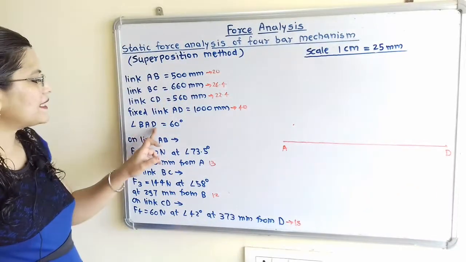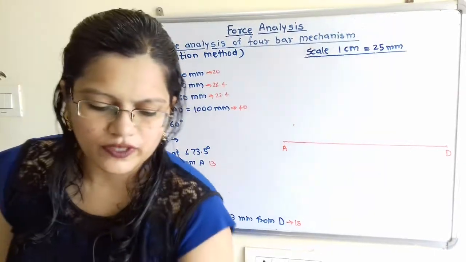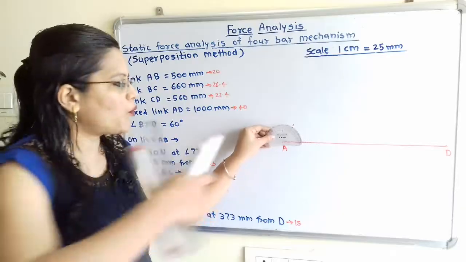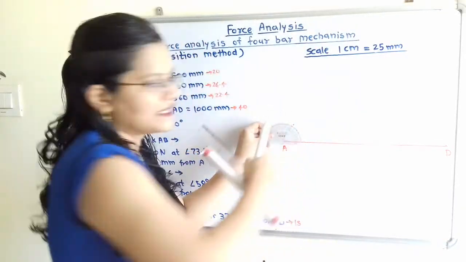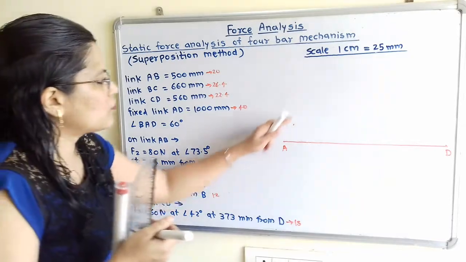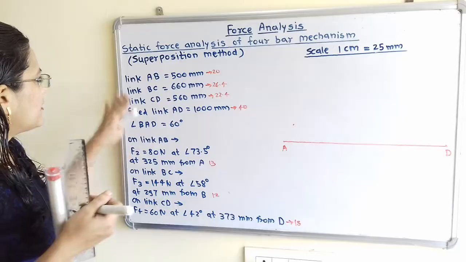Now angle BAD is equal to 60 degree. So with the help of protractor, we have to mark here one point at an angle of 60 degree. Now if I draw here one line passing through this, then that will be the link AB.